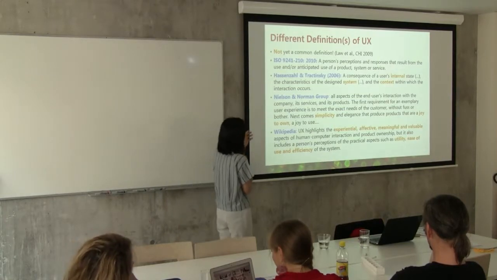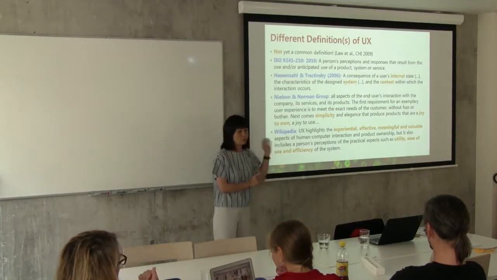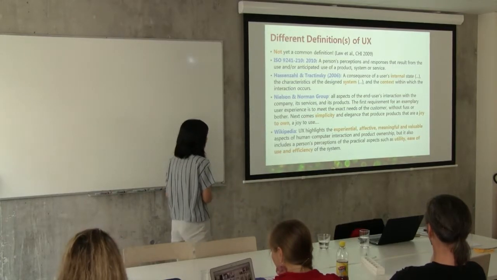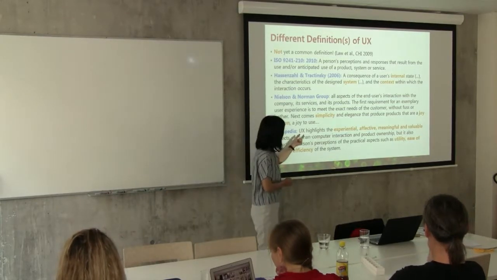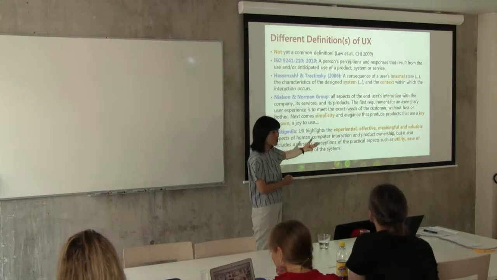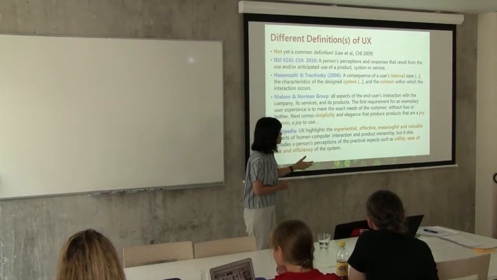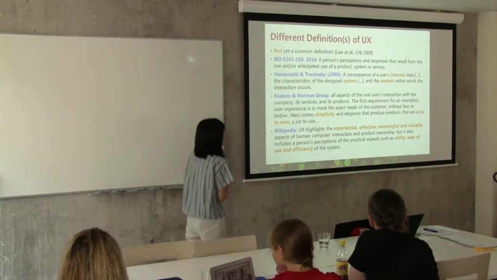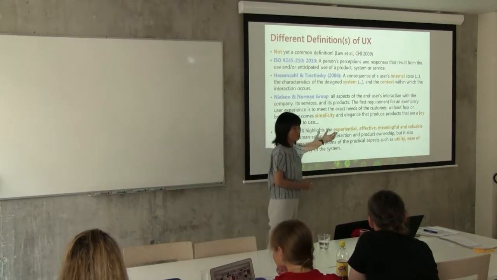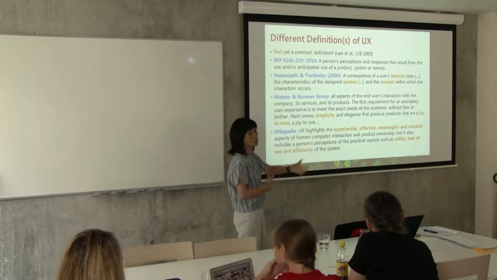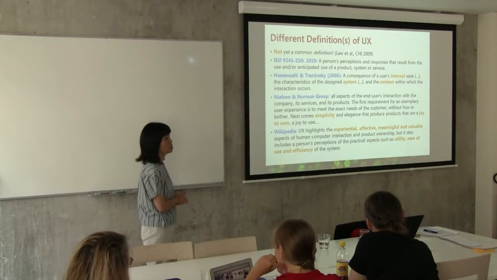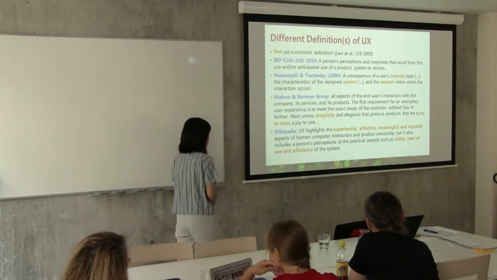But most of us now, very quickly, go to Wikipedia to find the definition of some terms. Wikipedia says UX highlights the experiential, affective, meaningful and valuable aspects of human-computer interaction. All these terms are pretty vague. But when you say experiential, most of us will think of the emotional aspect of interactions.